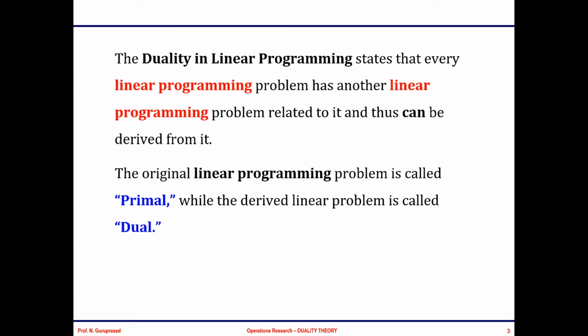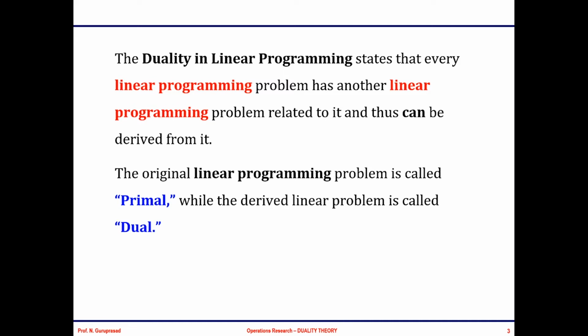What it means is, listen carefully, associated with every linear programming problem, there exists another LP problem, that is another linear programming problem, which is based on the same data, having the same solution.